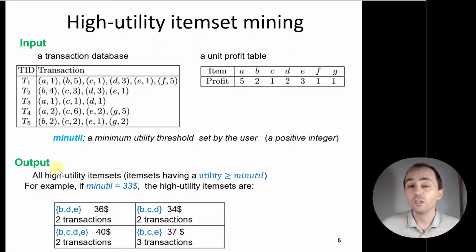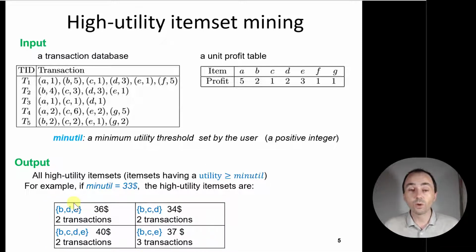The output is all the high utility item sets. The item sets that have a utility, the money, greater or equal to that threshold, the minimum utility. So let's say we set this parameter to $33, then the result will be what you see at the bottom. 4 high utility item sets.